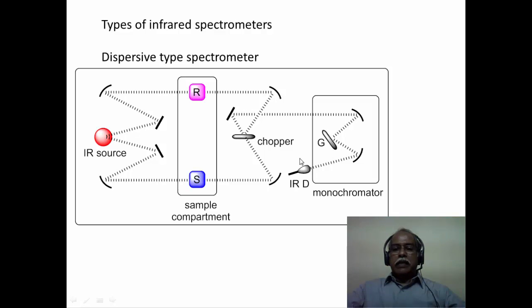So one can have I0 as well as I recorded simultaneously by whichever beam is falling on the grating and the infrared detector. If it is coming from the reference beam, that will be I0, and if it is coming from the sample beam, that will be I. So one can easily determine the logarithm of I0 by I to look at the absorbance values of the various frequencies generated by the grating in terms of dispersion of the infrared radiation.